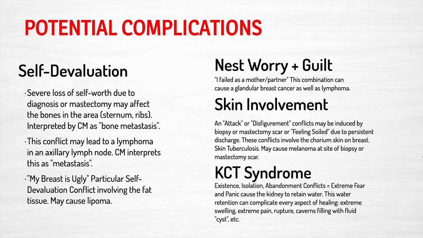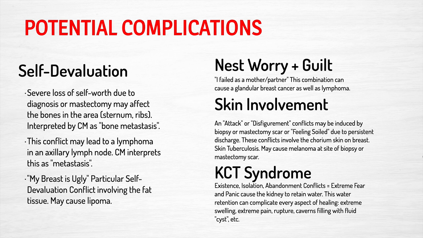There's also the program of the skin. And so in addition to the nest-worry conflict, you could have an attack or disfigurement conflict due to having a biopsy on the breast, perhaps having a mastectomy and the scar, and that may cause a melanoma, feeling disfigured. You could also have a conflict of the actual corium skin on the breast itself, which could be diagnosed as a skin tuberculosis.